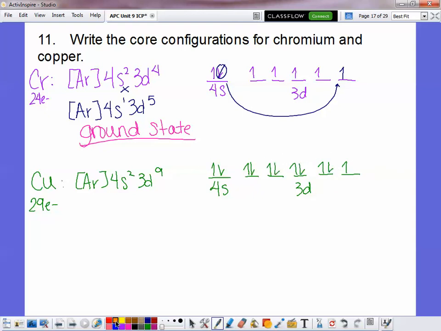All right, what's going to happen? Yeah, so instead of having 2 in the 4s, it's going to have 1 in the 4s and 10 in the 3d.